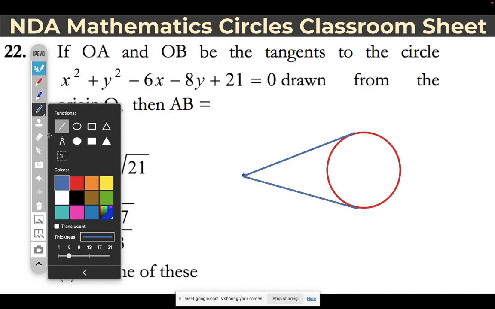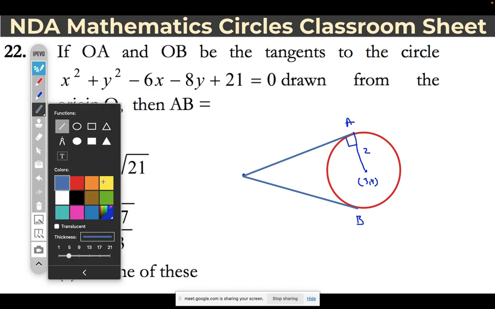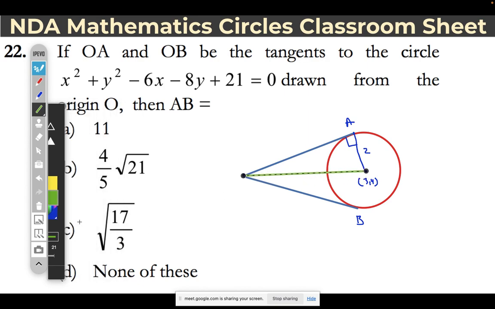Tangent number 2. Center, which is 3 comma 4. The radius is 2. What do they want? AB, the length of AB.